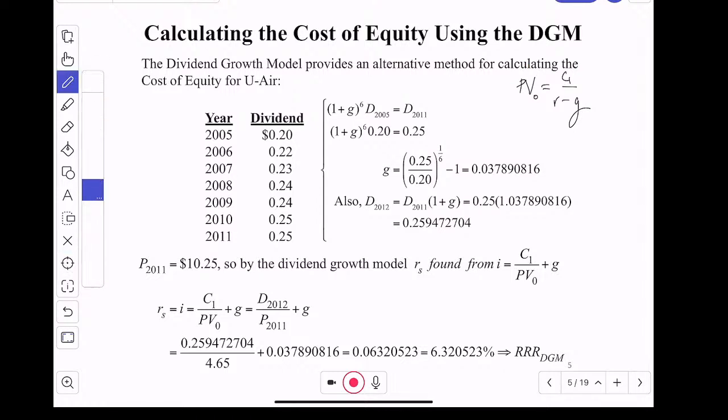So in a similar way, why don't we use the same relationship to find the required rate of return? That's what we're doing right now. We're trying to find the appropriate risk-adjusted rate of return.